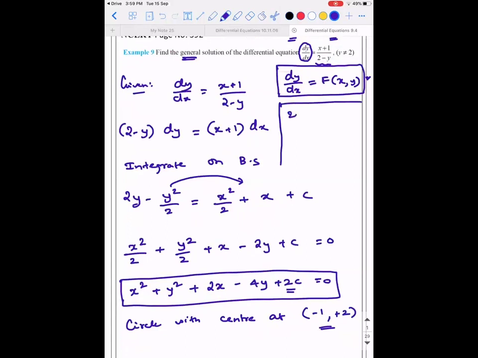Whether it is going to be plus c or minus c, I'm not bothered about it because it's not a fixed value. I don't know what the value is unless certain conditions are given to me. It has nothing to do with whether you're taking it on the left hand side or right hand side. It is up to you.